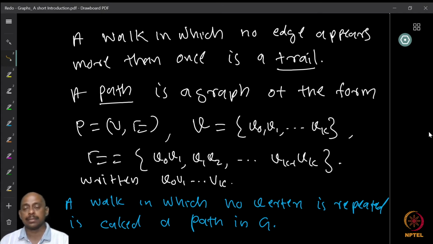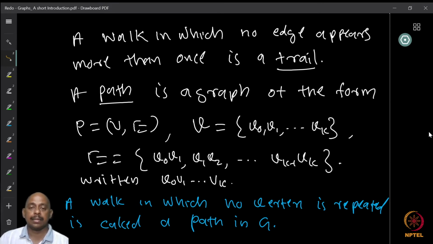There are no other edges. The precise set of edges is given here, so the consecutive vertices are in an edge relation, right? Then the graph is called a path graph, if precisely these edges are present.